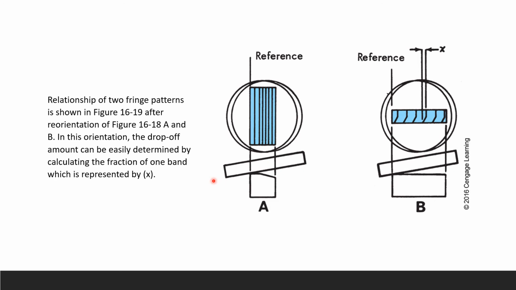So here you can see the relationship of two fringe patterns, and the orientation A is reoriented into B. So here is vertical and that's a horizontal orientation. So in this orientation, you are able to calculate the drop-off amount by using the fraction of one band. And here we represent the fraction of one band by x.